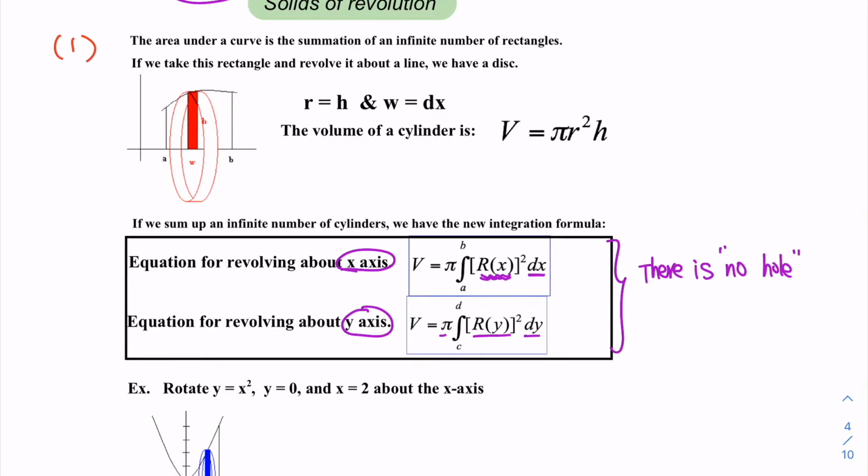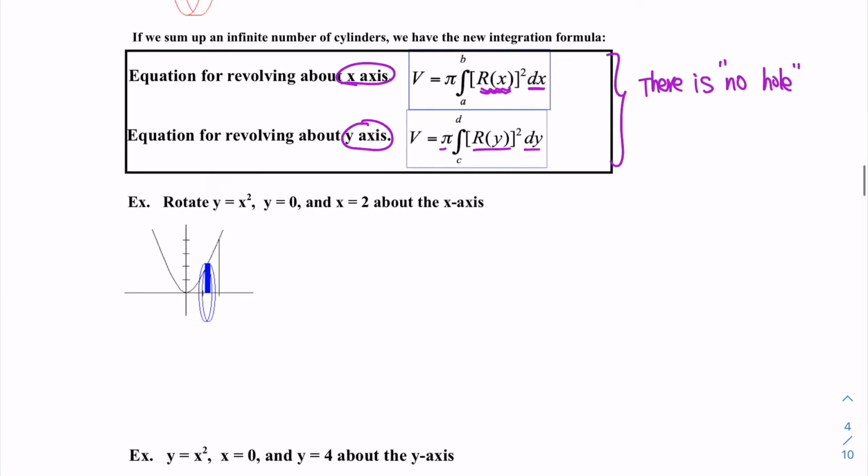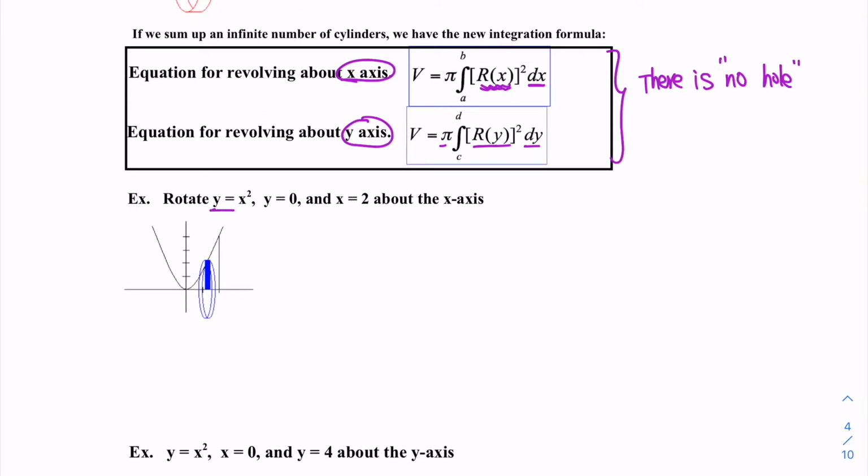In this case, we are going to call it the disk method. Let's have a look. Example 1: y equals x squared, y equals 0, x equals 2, about the x-axis. Generally speaking, we draw a dashed line here. This is our revolving axis. y equals x squared, y equals 0, and x equals 2. y equals 0 is this region.